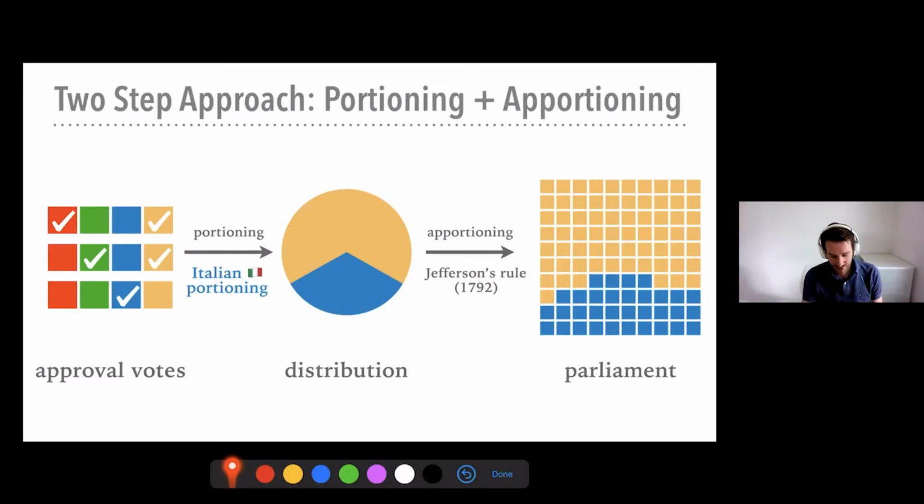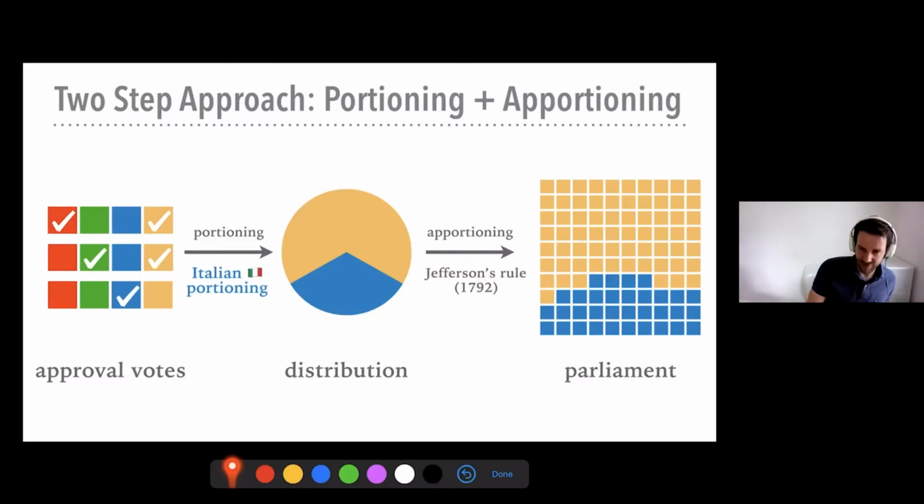So this Italian portioning rule, let me tell you a little bit what it does. You might remember that the motivation for this Italian rule was to avoid fragmentation of parliament. So you want to consolidate as much as possible the votes of the voters into a few big parties. And the way it does this is in a greedy way. So basically, you first look at the party with the most approvals.